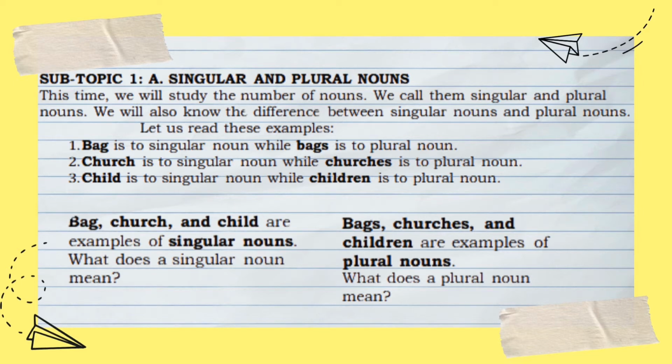Okay, so singular nouns refer to a single or one person, place, thing, animal, or event. While plural nouns refer to more than one person, place, thing, animal, and event. So bags, churches, and children are examples of plural nouns.